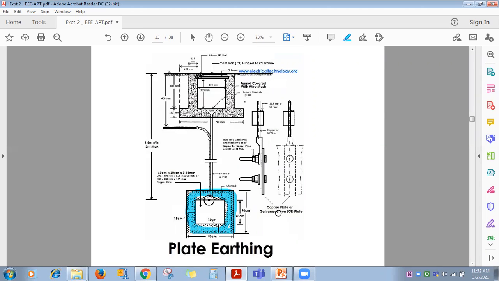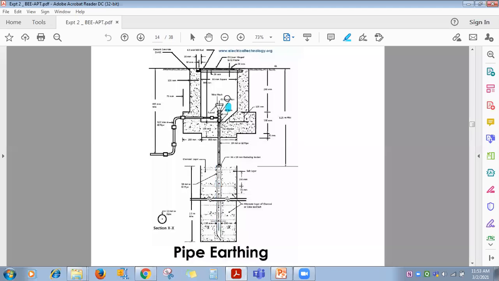So accordingly, you select length and cross-sectional area so that earthing resistance will be less. Here a funnel is there. Through this funnel in summer season you can pour water, so that moisture content under the ground will be more and earthing resistance will be less. For rod type of earthing also, you can find a funnel here, through which you can pour water.